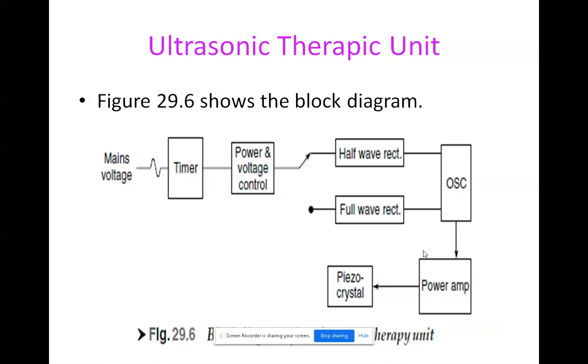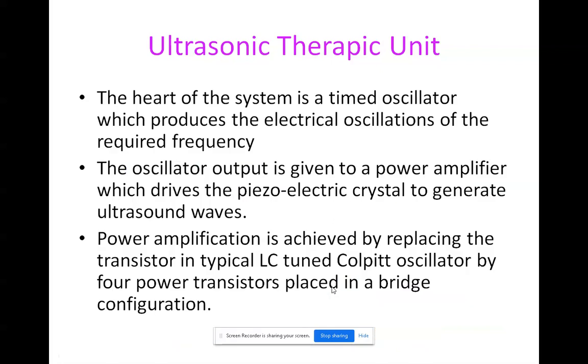Oscillator is nothing but it is going to generate the ultrasonic signal, and then the power amplifier will boost up the signal, and then it is given to the piezo crystal, which will make the signal stabilized. Okay, a constant signal will be provided by the piezo crystal, and then it will be given to the human body or the parts of the human body where it has to be treated.